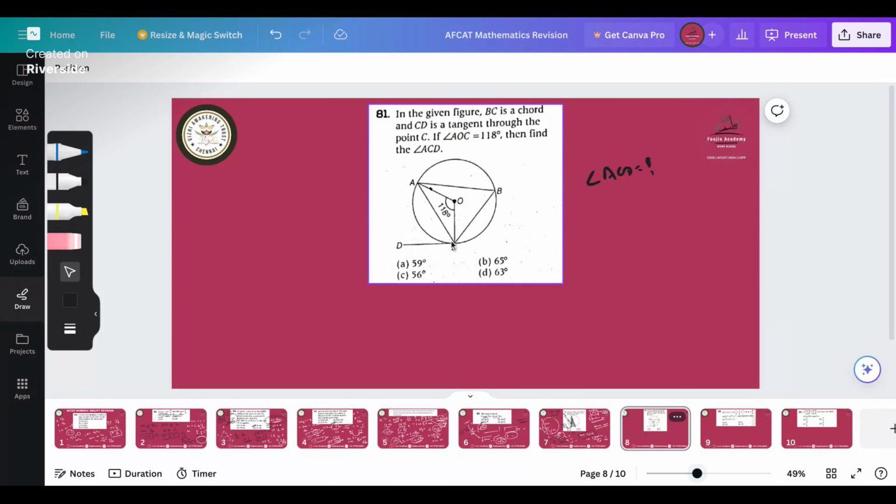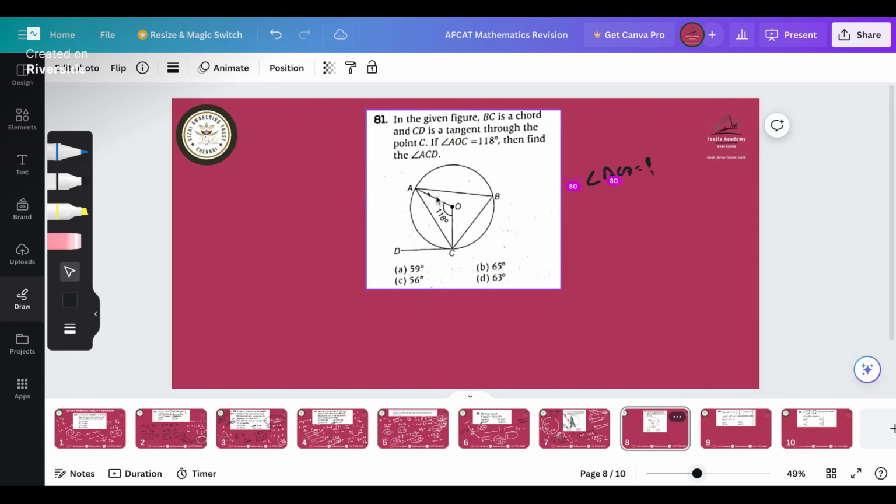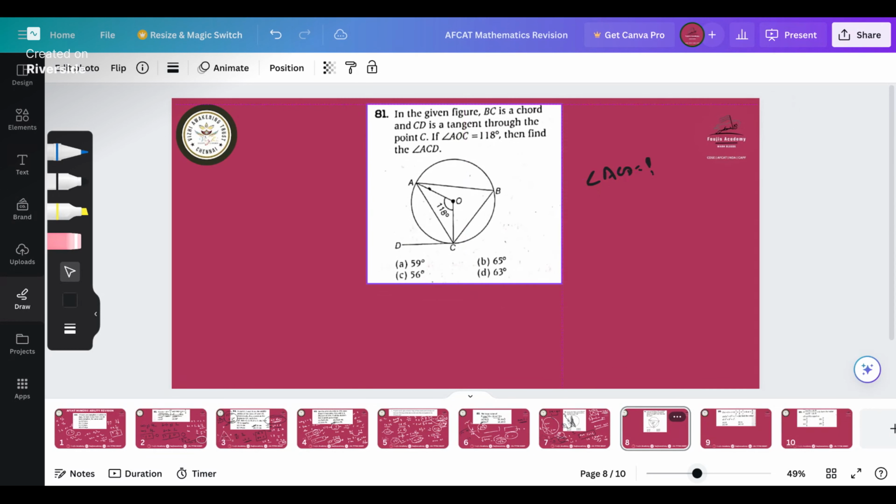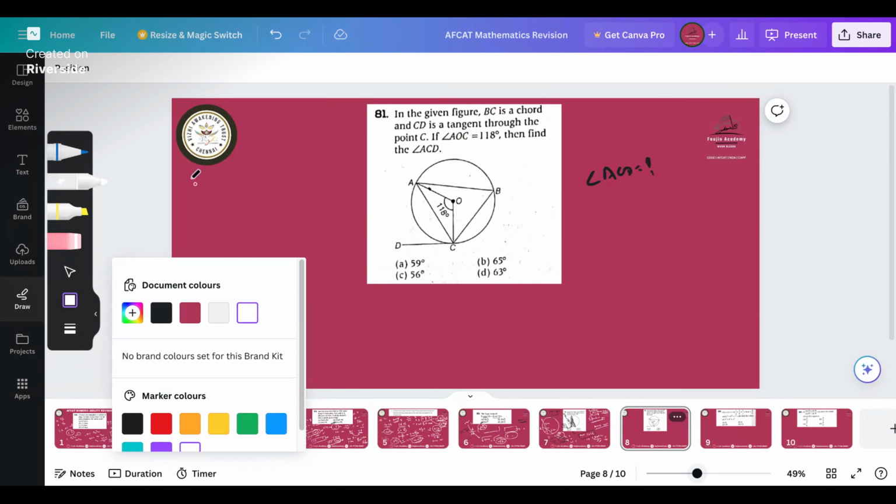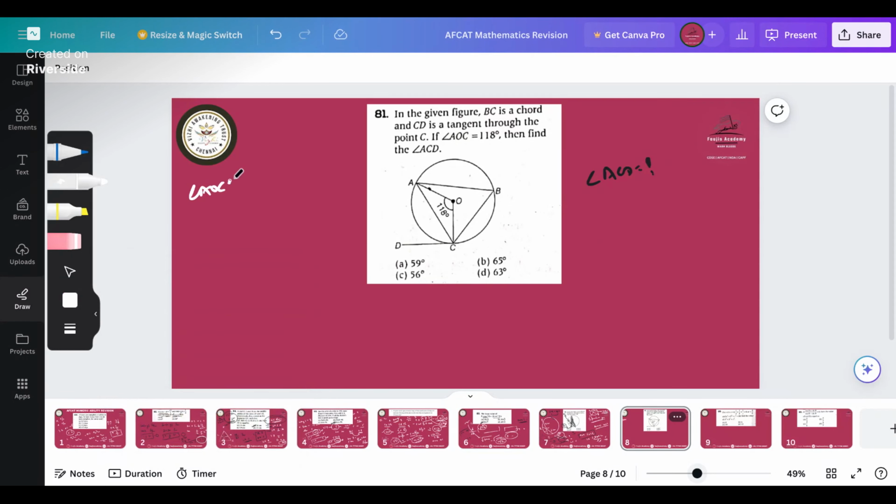If angle AOC is equal to 118 degree, then what is the value of angle OAC? It will be equal to angle OCA. Why?